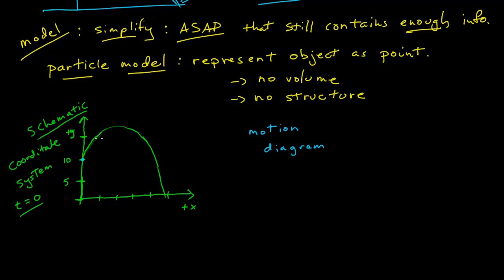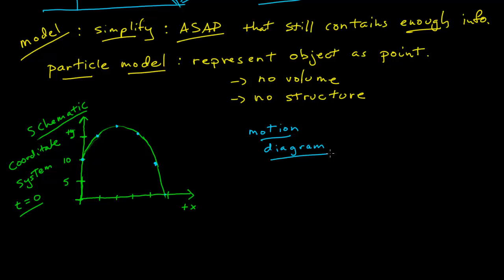At t is equal to 1, it's at this point. 2 is this point. 3, then 4, and then hits the ground. And so these now represent snapshots, or the motion diagram of where this particle is in space.